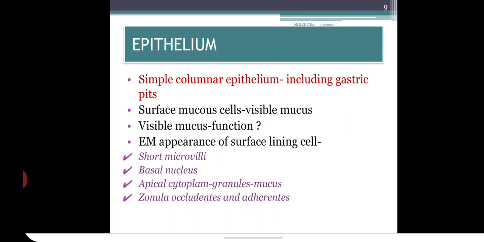In the electron microscopic appearance of the surface lining simple columnar epithelium, it presents short microvilli, a basal nucleus, and apical cytoplasmic granules which secrete mucus. These cells have cell junctions, zonula occludens and adherens.